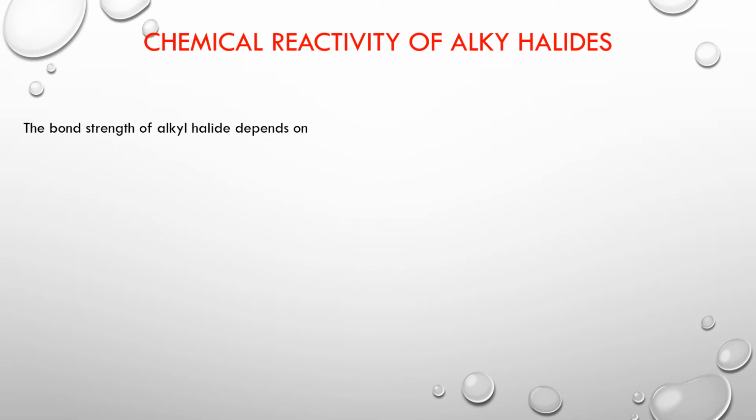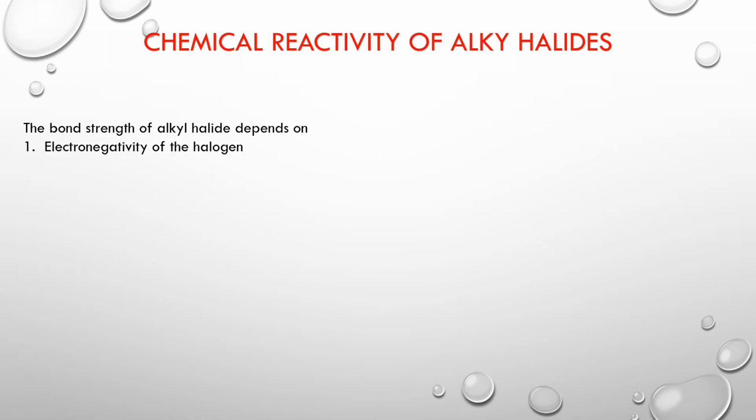If the carbon and the halide bond is very strong, it will not break easily, which means it will require a lot of energy. So, do you think it will take part in a reaction very easily? Well, if it cannot break easily, that means it doesn't react well. But if the carbon and the halide bond is very weak, it will break easily, it will require less energy, and that chemical can readily take part in a chemical reaction. So let's see what the factors are which affect the strength of a bond.